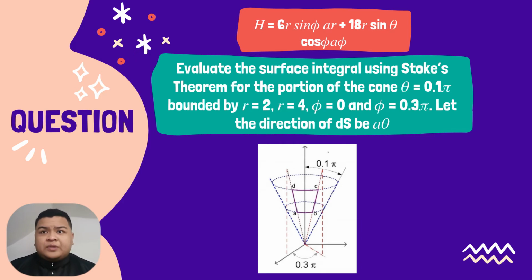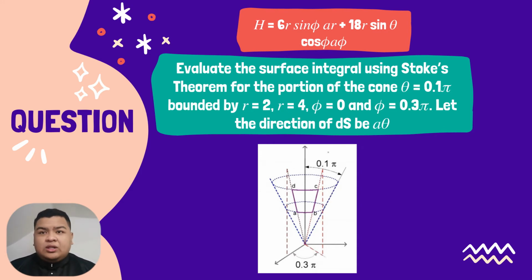Referring to the parameters, theta equals 0.1 pi is the opening angle of the cone. It is bounded by r equals 2, which is the radius at the section A to B, and r equals 4, which is the radius at the section C to D. Phi equals 0 and phi equals 0.3 pi is the range of the opening of the surface of the cone that we want to determine specifically.